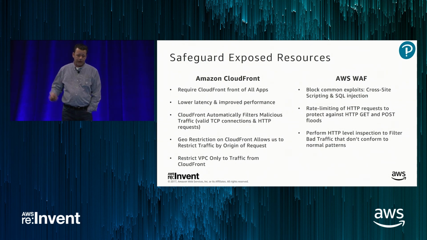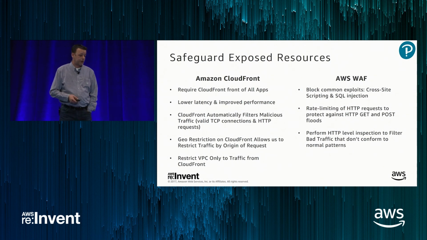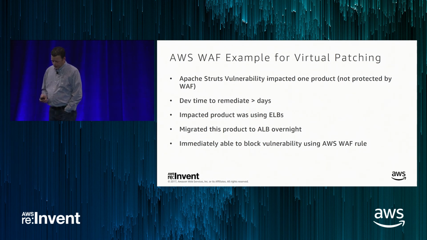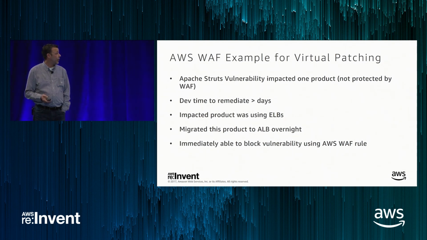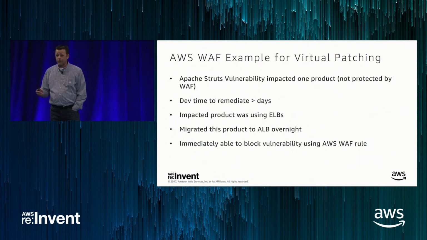From a WAF perspective, we adopted WAF, and I'll give an interesting example in a minute. WAF allows you to block common exploits, cross-site scripting, SQL injections, HTTP level inspection, and so forth. A good example is one of our products, affected by the Apache Struts vulnerability, which most of you remember. This particular product wasn't protected by WAF.